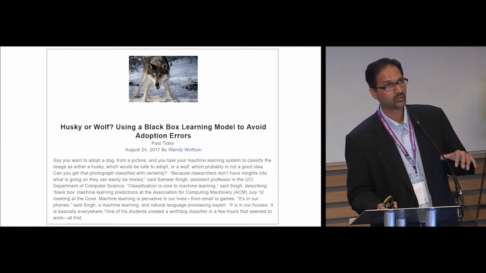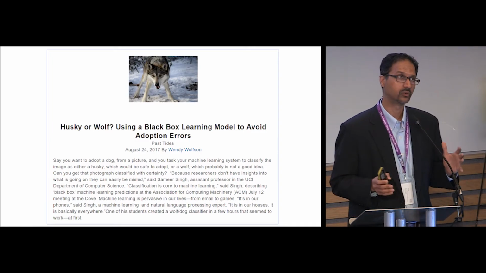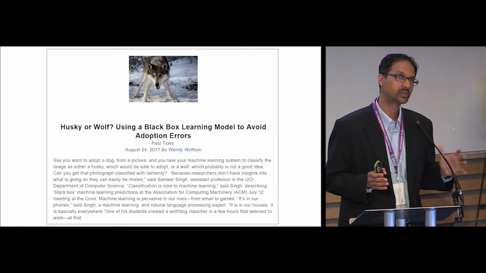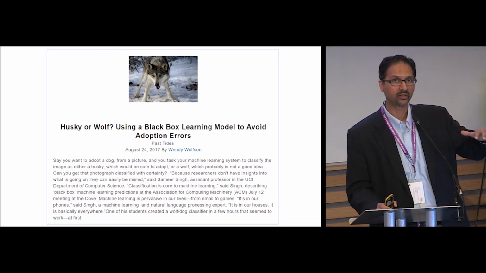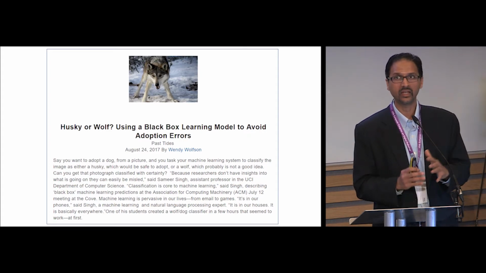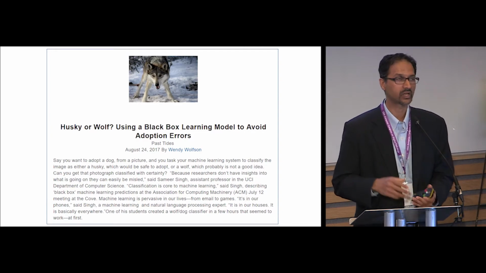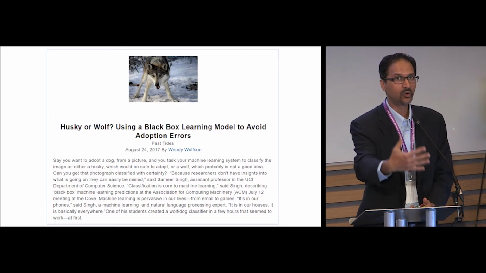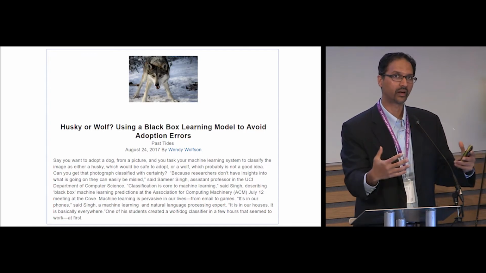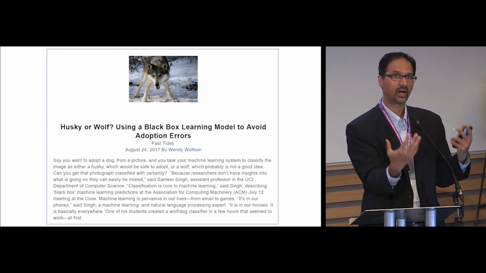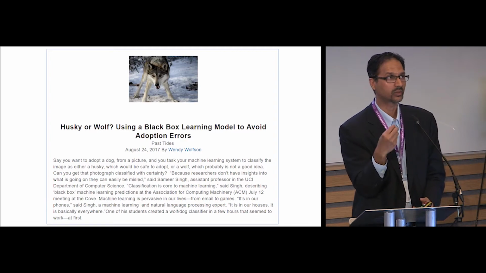Fortunately, they were able to come up with why the network was doing as well as it was. It was simply because huskies were invariably on some sort of white background. Right? Most of the images which had huskies in them had snow in the background. So there was always something white in the background of the huskies' images. And so that's what the network was picking up.